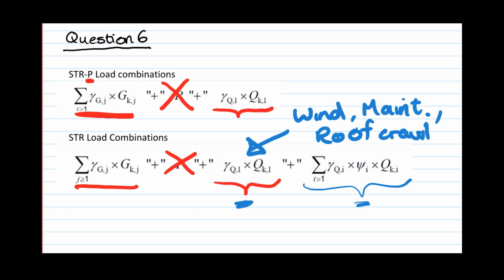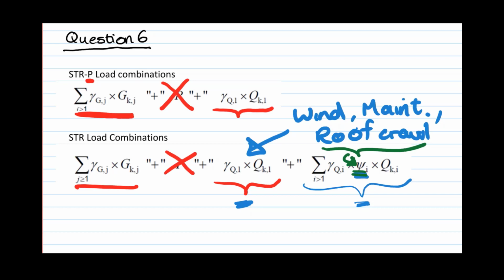They are caused by two different entities, so the chance of the maximum crawl beam load at the apex happening at the same time as the maintenance load is quite low. So we keep them separate and reduce the accompanying action. Once again, all of these actions will also be accompanying actions, but reduced to account for the fact that when combined with the other one, they're not going to be at their maximum value. So that's going to be our approach.